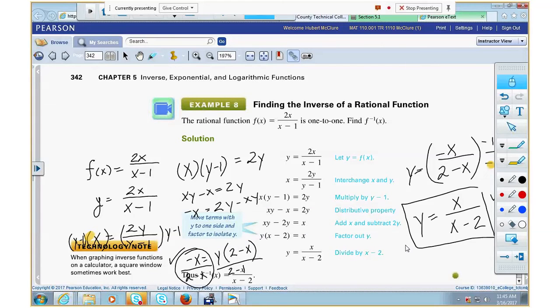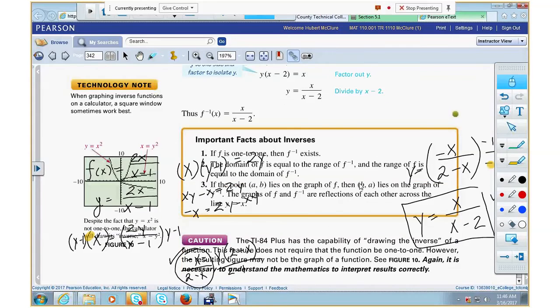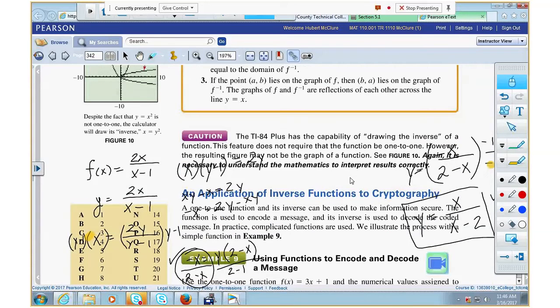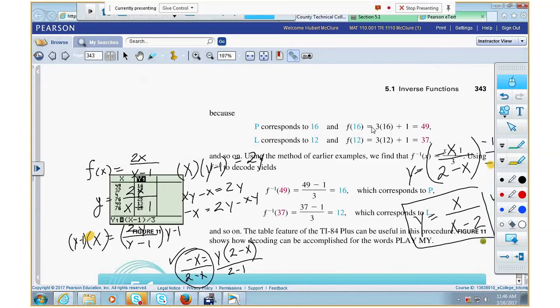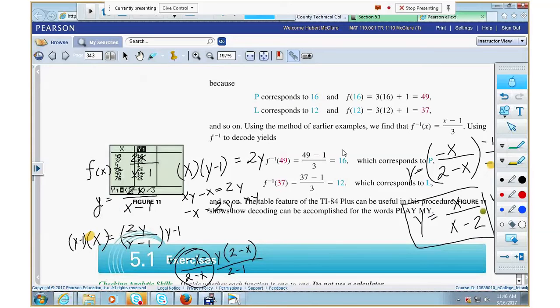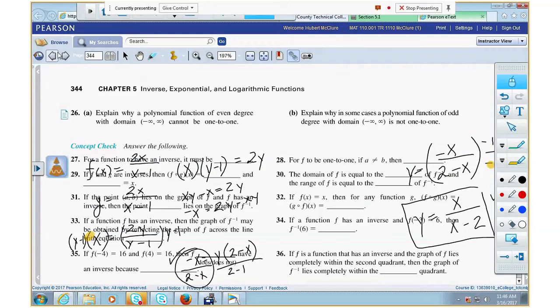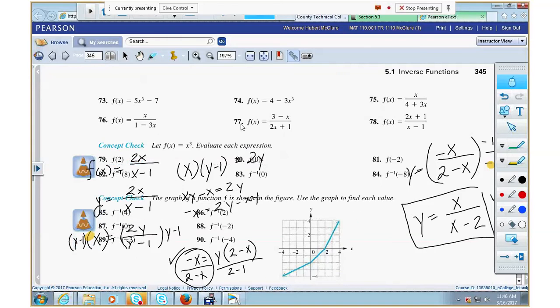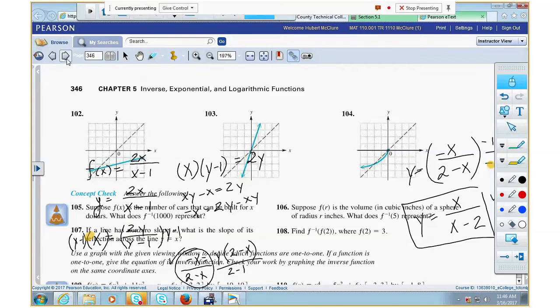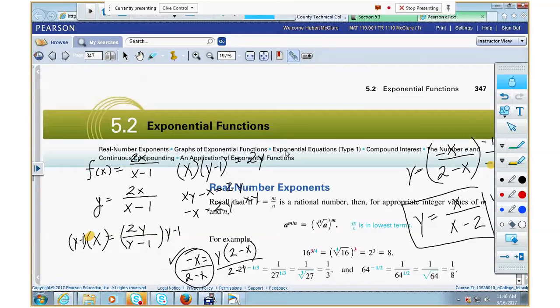All you need to be able to do is algebraically do it, as well as graphically. And that's 5.1. Let's see what 5.2 is. I think 5.2 is a continuation. Yeah, exponential functions.